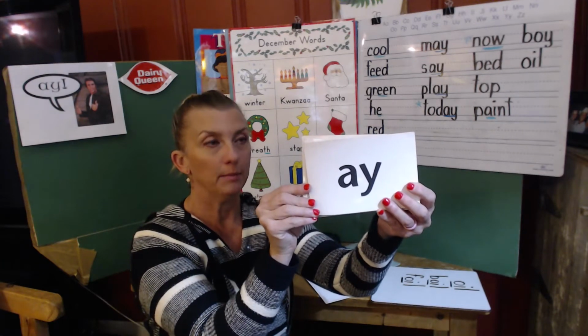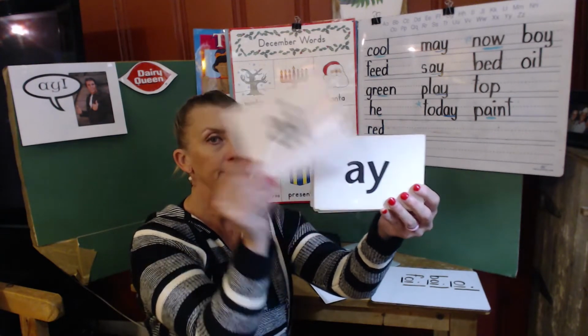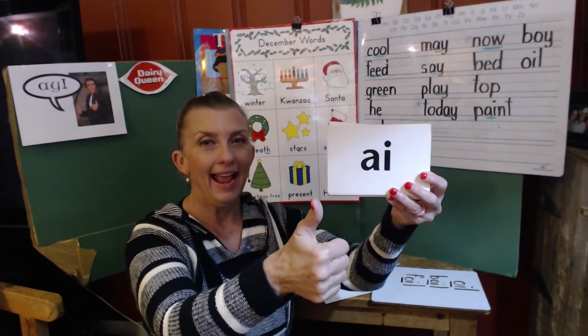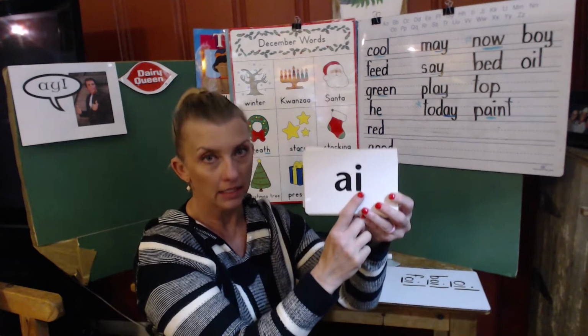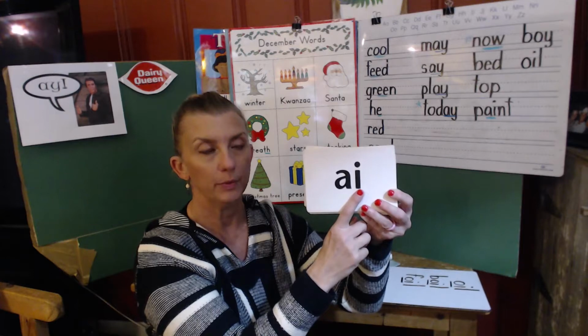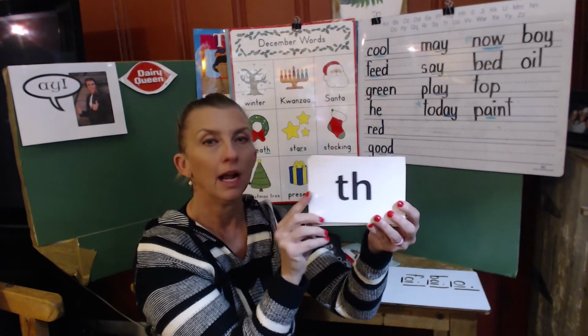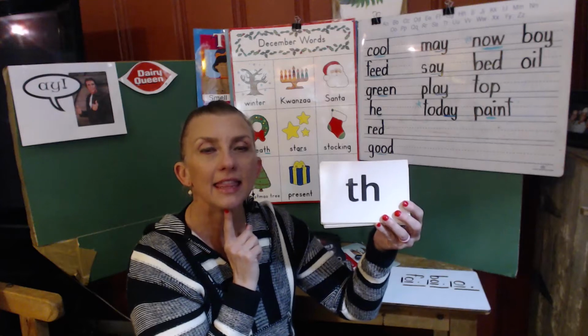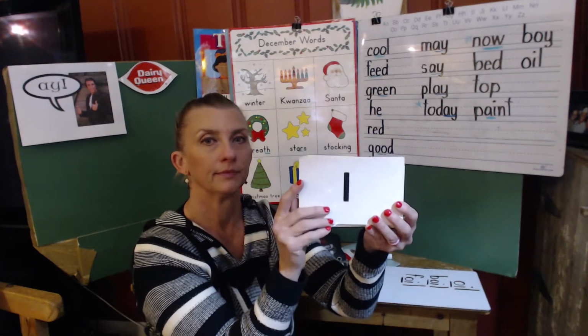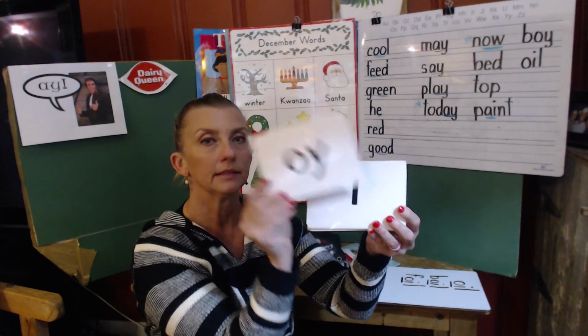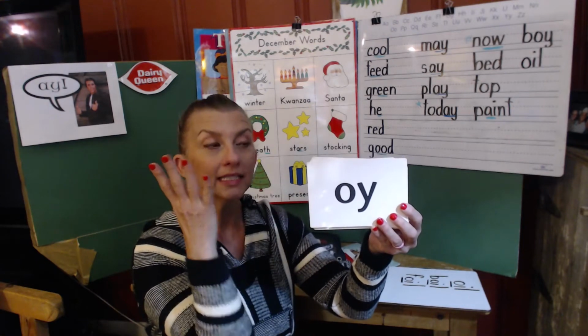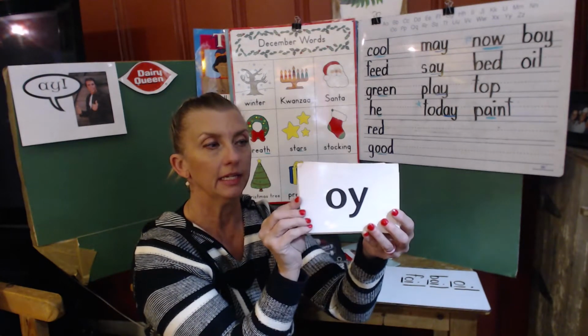A can be used at the end of a word. A cannot be used at the end of a word. R. Good. O. Oi can be used at the end of a word.